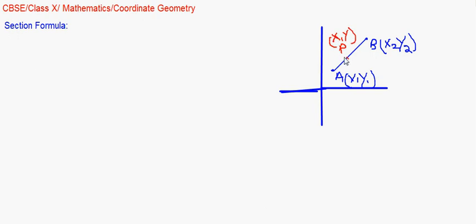In what ratio is this P dividing? It's not necessarily the midpoint of AB every time, though it might be a case where it is the midpoint, but we need to know in what ratio P divides the two points joining and making a line.